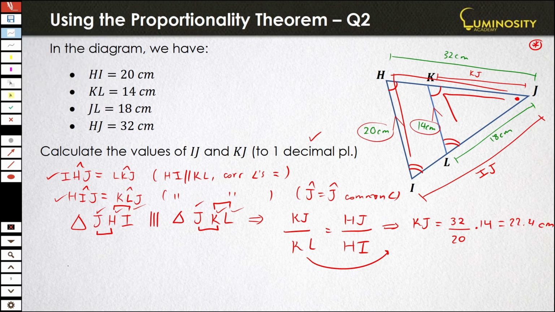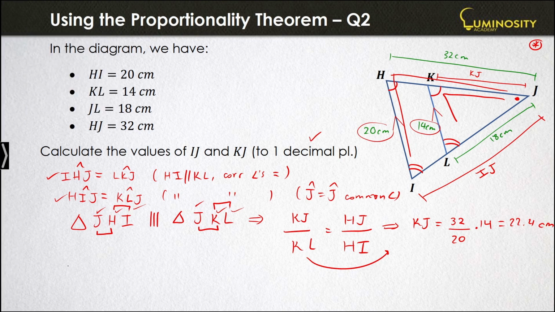All right, and then for the last one, we want IJ. So where is IJ? IJ is in this larger triangle. So I'm going to say IJ over a side length that I know. So we could use, let's say, HI, right? Because we know that length.